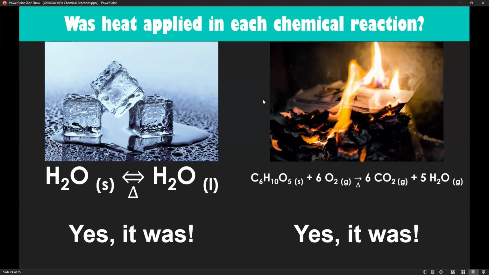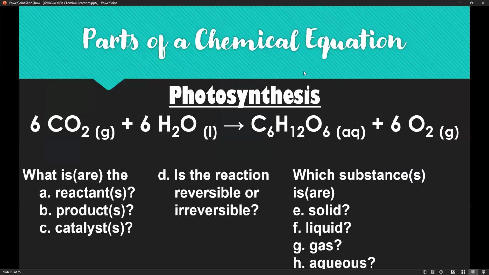Right? So, because of that, let's have our final recap. So, from very short chemical equations, we now have a long chemical equation here. This is photosynthesis, the natural process of plants manufacturing food by absorbing certain wavelengths from the sunlight. So its chemical equation is, so how do you read that chemical equation?